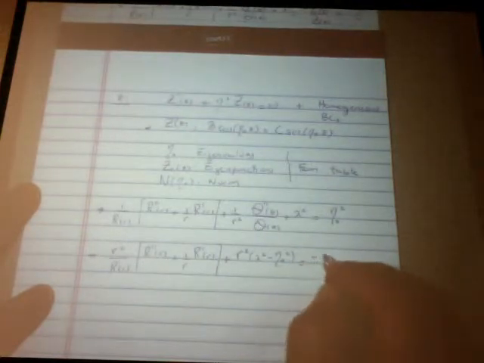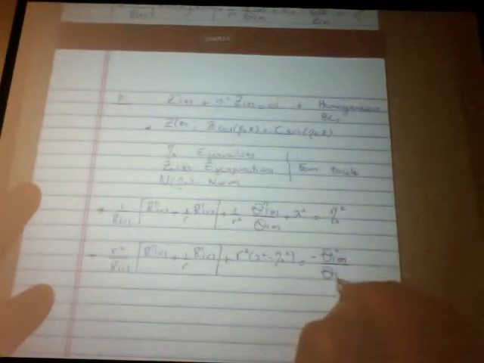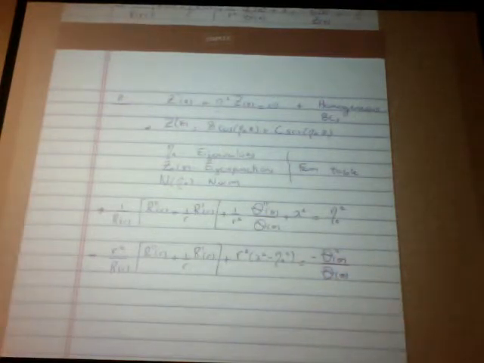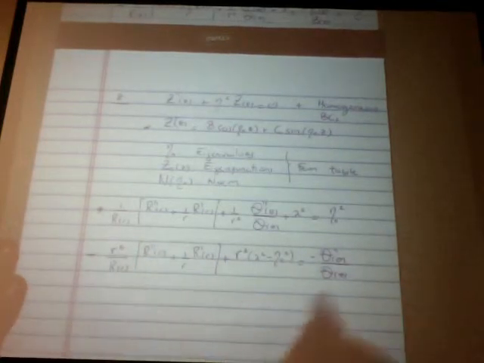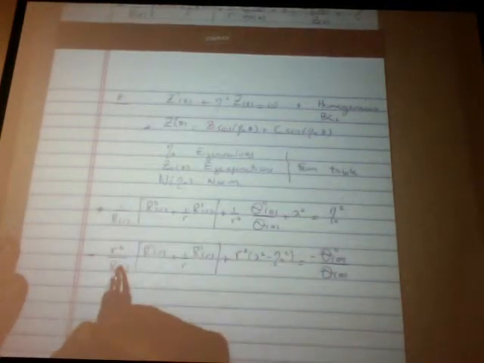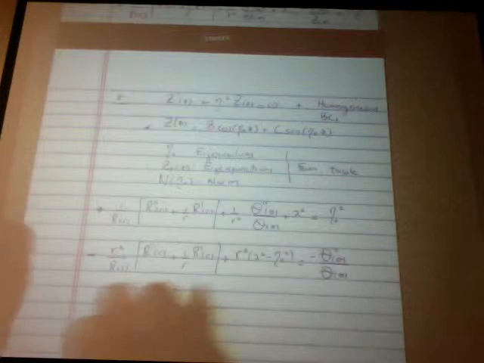and that's equal to minus Θ'' over Θ. And now we're going to separate this. Obviously, same argument. Things on the left are functions of r, things on the right are functions of theta. This is completely separated.